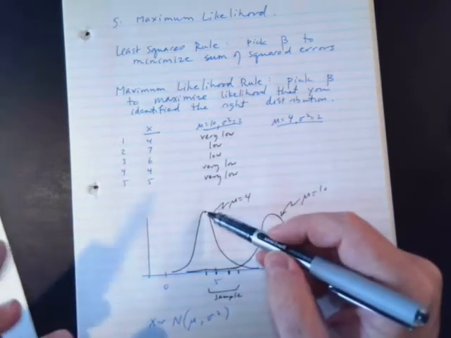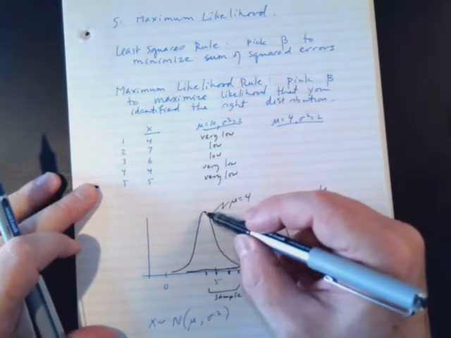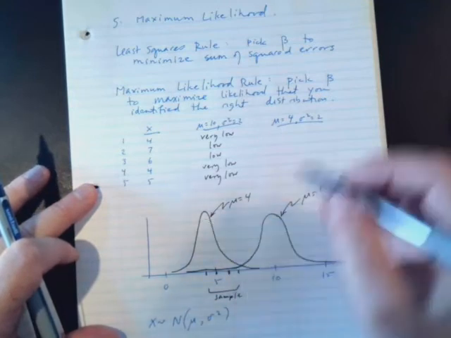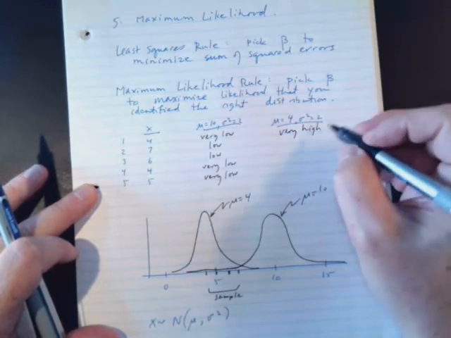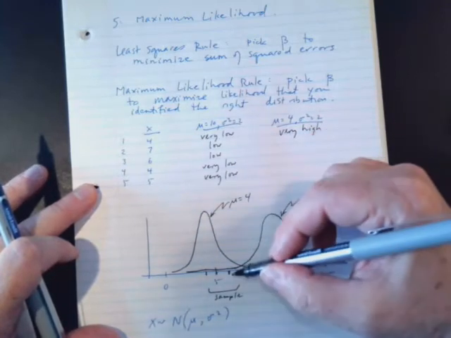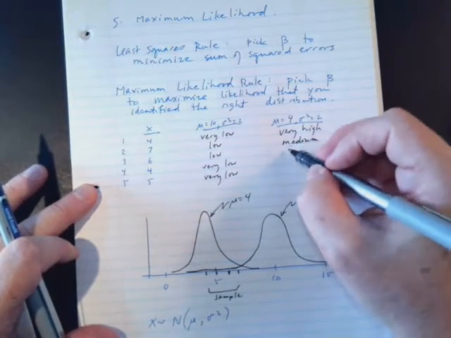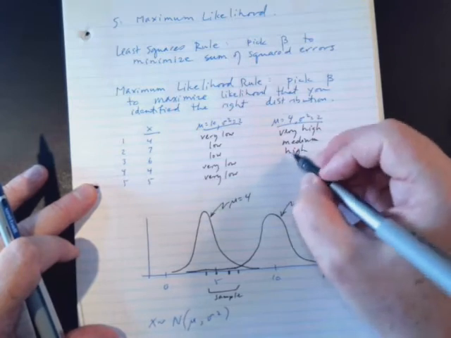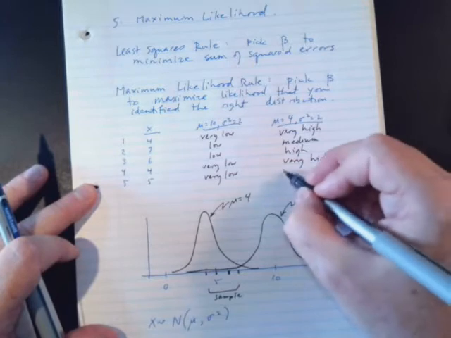All right, well, now if we're going to use the height of the density function, well, this is much better. It's very high. 7, well, that's medium. 6, pretty high. And then these two are very high, close to the peak.